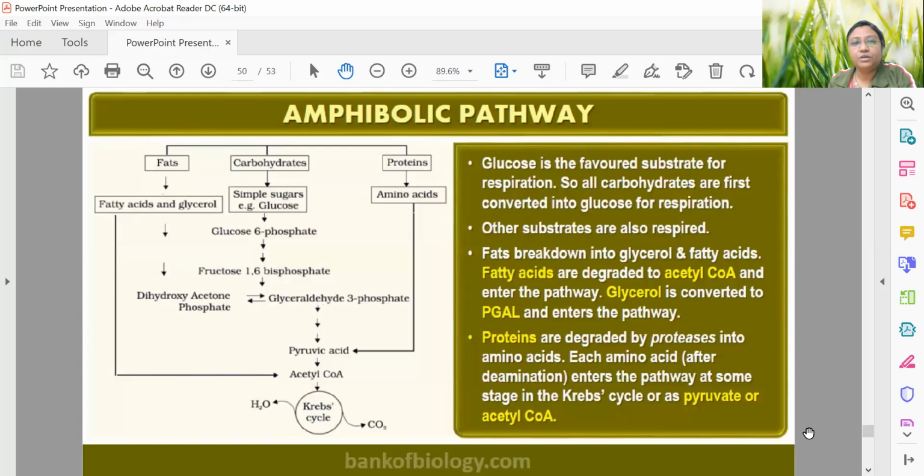Now we will talk about the last topic of this pathway, that is amphibolic pathway. It is called amphibolic because in this both catabolism and anabolism take place, and it is about utilization of respiratory substrate other than carbohydrate.